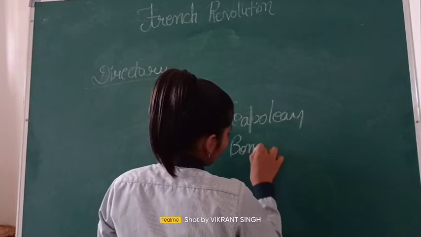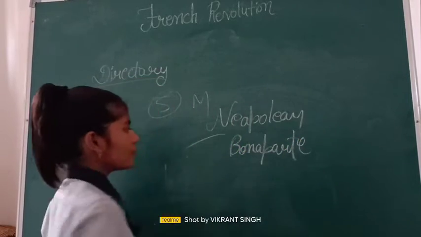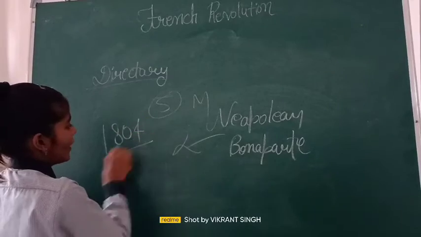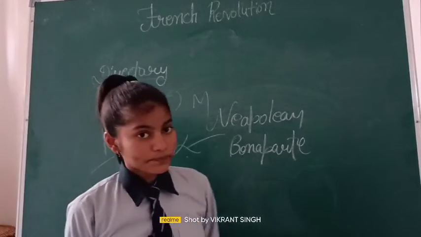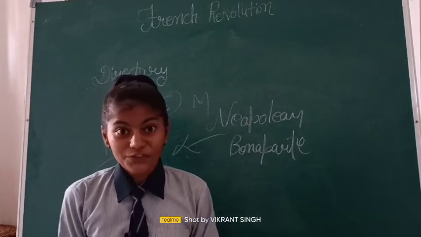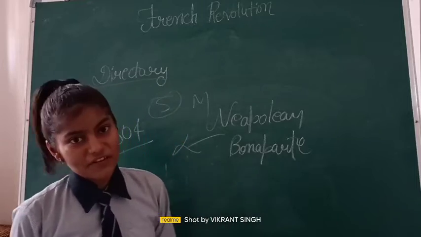Napoleon Bonaparte became the dictator of France in 1804. Then, when he became king, he ruled for mostly 11 years.